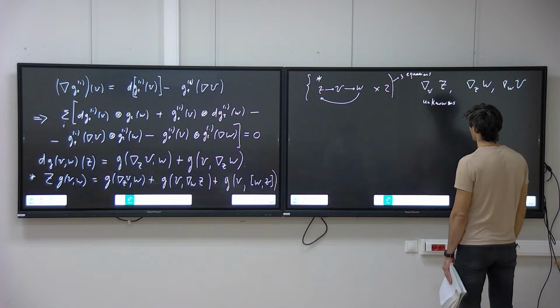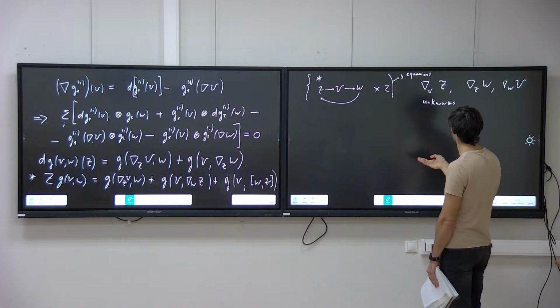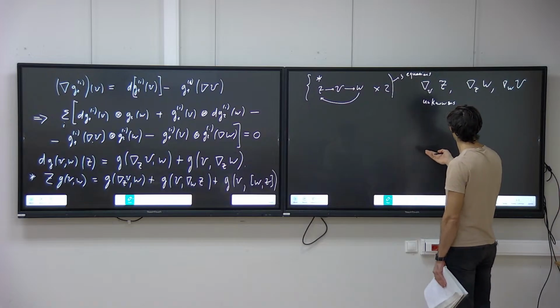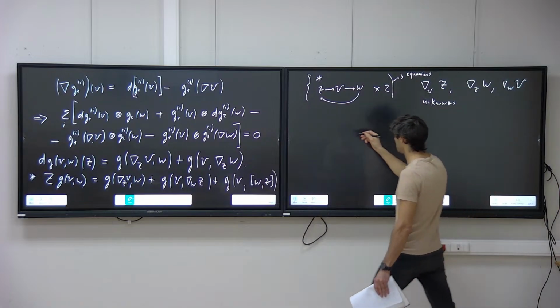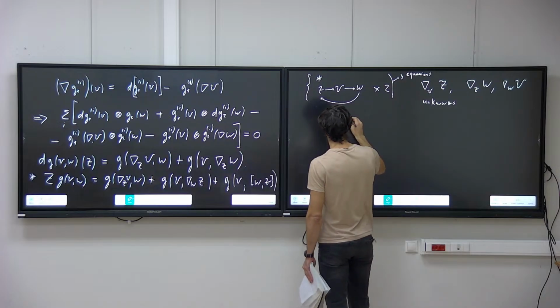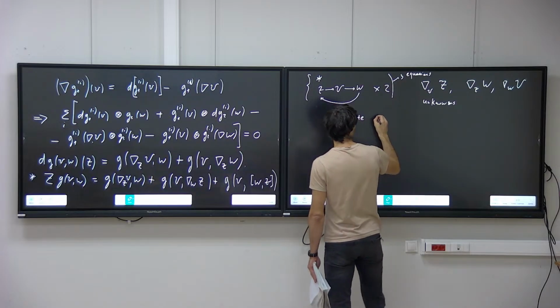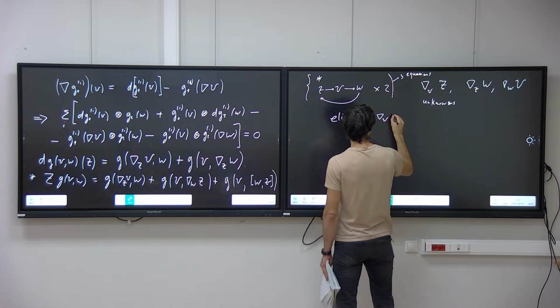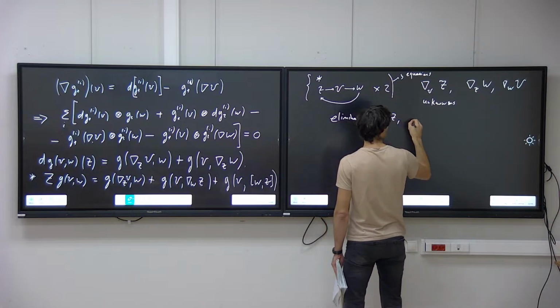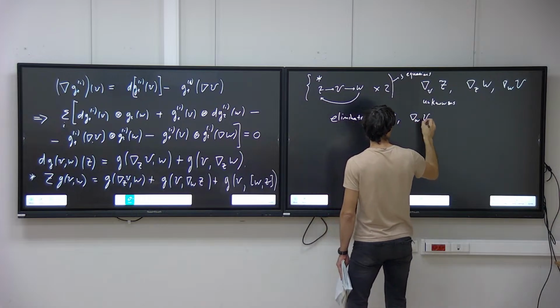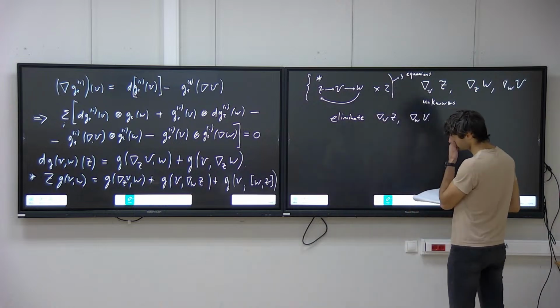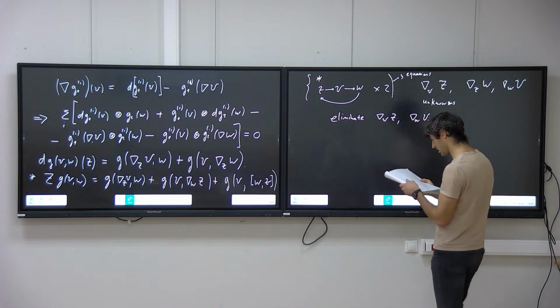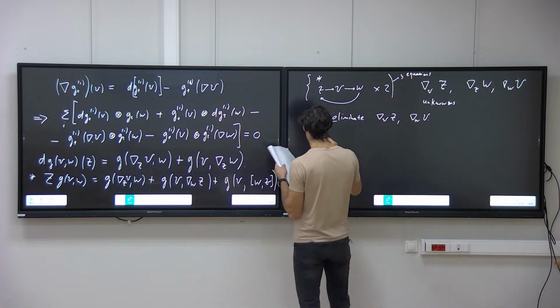And so how to solve it? Well, I just eliminate 2 of them. Say I eliminate nabla vz and nabla wv. And then I will have the following expression.